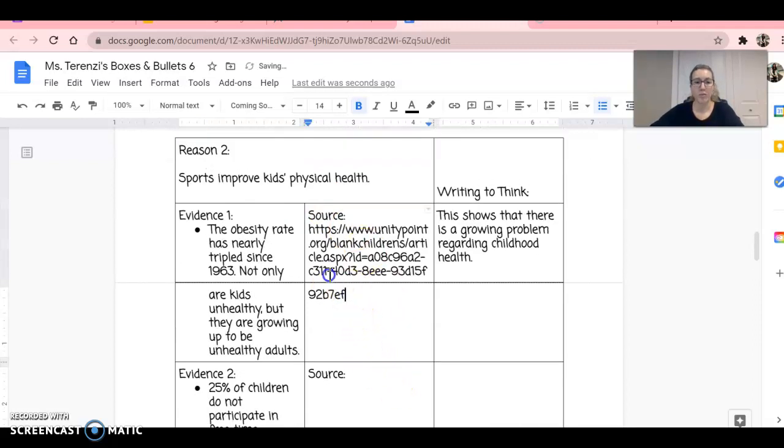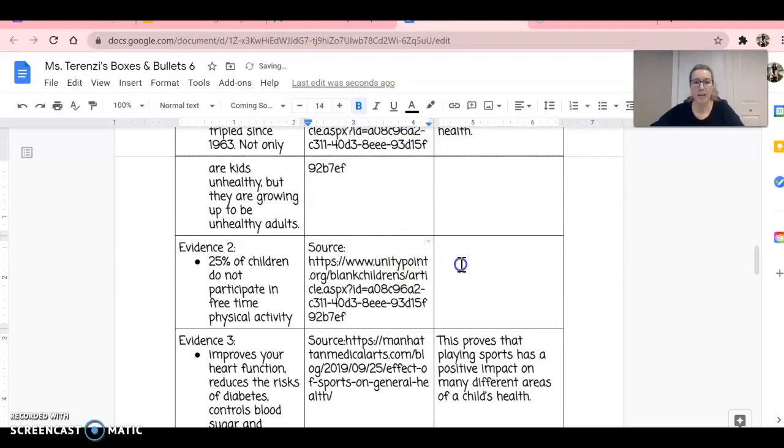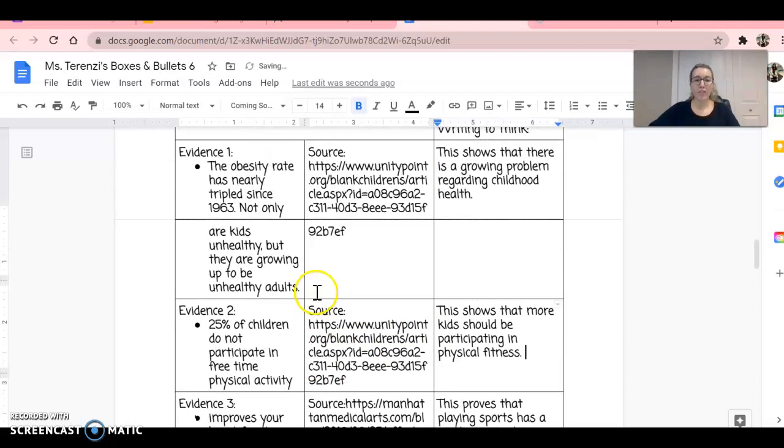Okay, it's the same source that I used for my first one, so I'm going to copy and paste that, and then writing to think. This shows that more kids should be participating in physical fitness. Okay, so now I have 3 pieces of evidence.